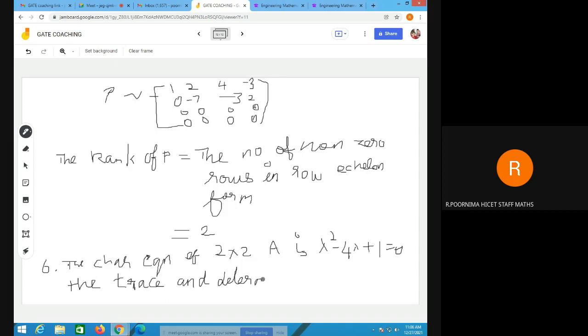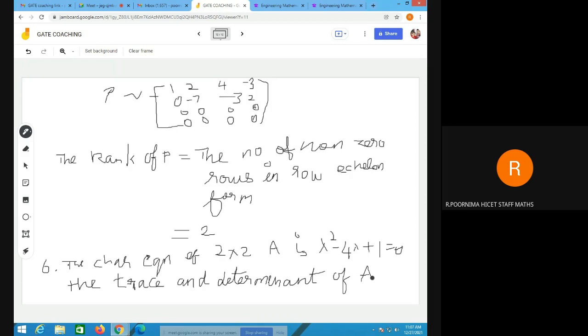The characteristic equation of a 2 by 2 matrix A is lambda square minus 4 lambda plus 1 equal to 0.